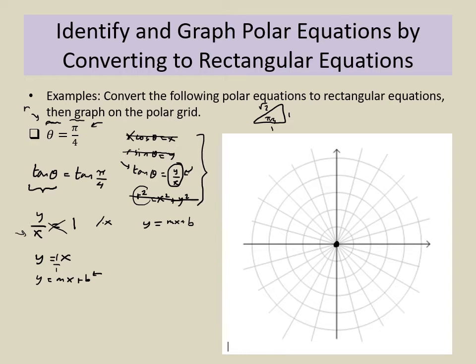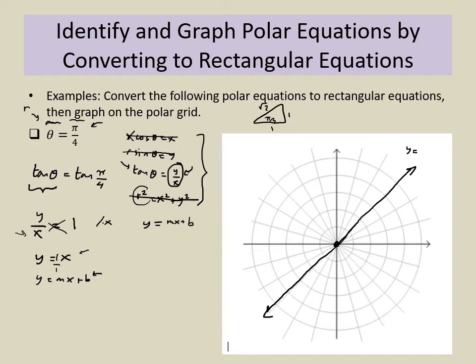This equation here is the equation of the 45-degree line like this, which was one of the lines in the library of functions that we knew how to graph from before.